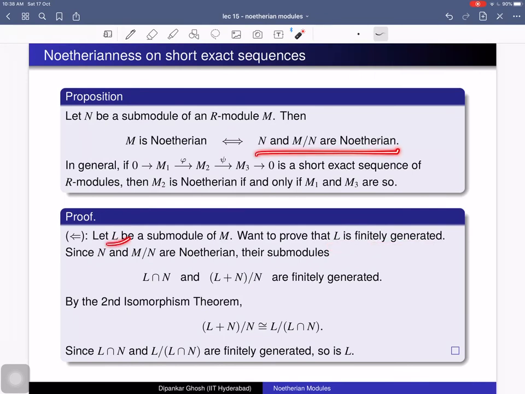Considering this submodule, how can we use these conditions?